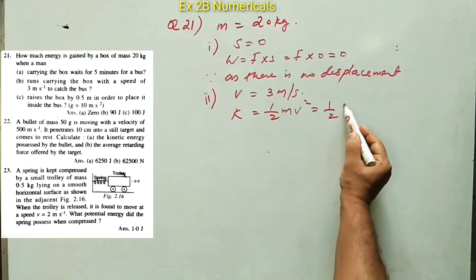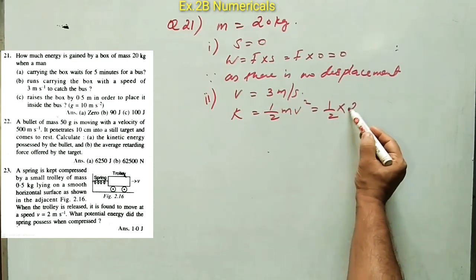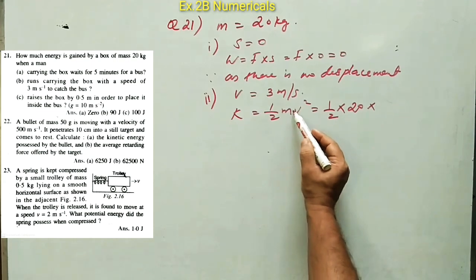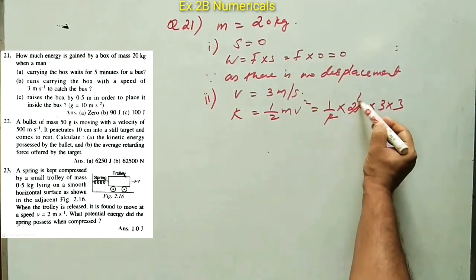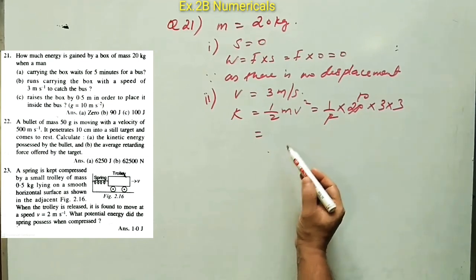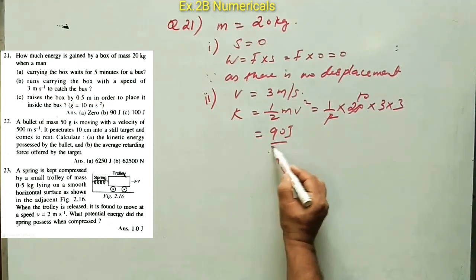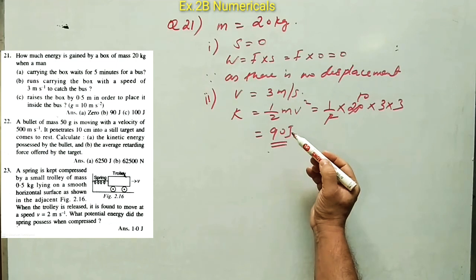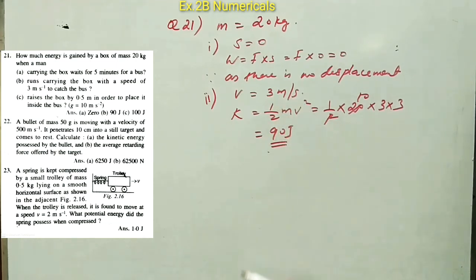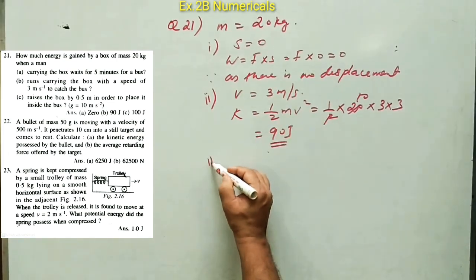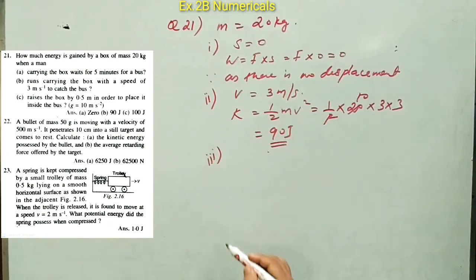So 1 by 2 into 20 kg into v square, 3 into 3. So you are getting 90 joule. So this is the energy possessed by the man when he is moving at a speed of 3 meter per second along with the box. Clear? Third part of the question. In the third part, what do you have to do here?